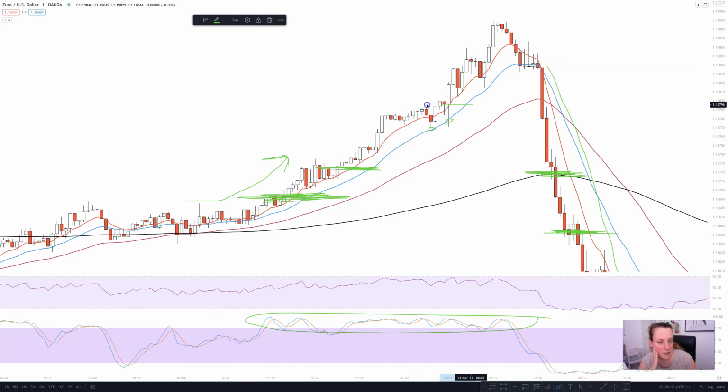Then you can take here another buy position. You have to wait for the closed candlesticks. Don't go in early, because on the 1 minute the candlestick can change every second, so you have to wait for the candlestick to close. And I would go in here at these candlesticks because they both rejected at the 20 EMA. Then it comes back again a little, it's not a problem, and it goes up.